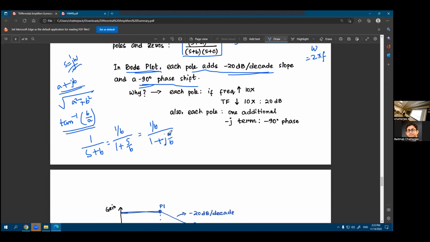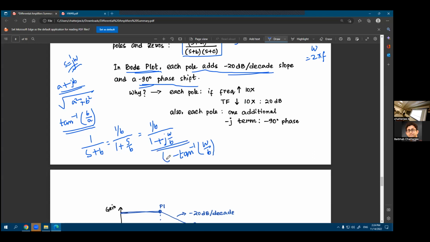And you see that you have the imaginary quantity that is j times omega over b here, and you have a real quantity which is 1 over here, right? Since this entire part is in the denominator, your phase becomes minus of tan inverse omega over b, right? Again, basic complex number theory.